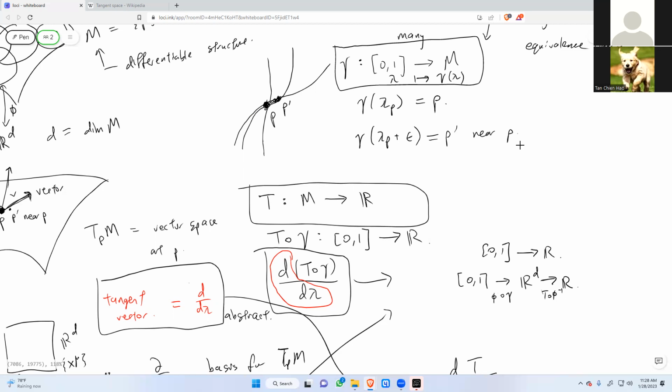Right, yeah, that makes sense. This map is T after gamma. Wait, composition of maps. Oh, yeah, okay. So essentially we can decompose T after gamma into T after phi inverse after phi after gamma. And now this one and this one are this one and this one respectively, right?